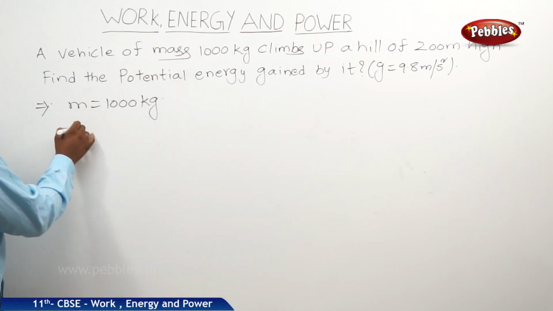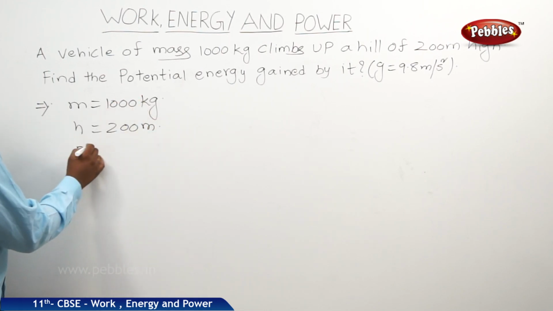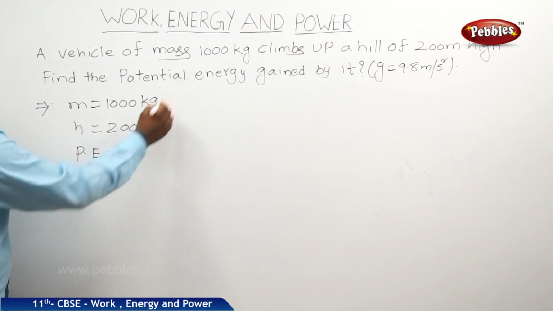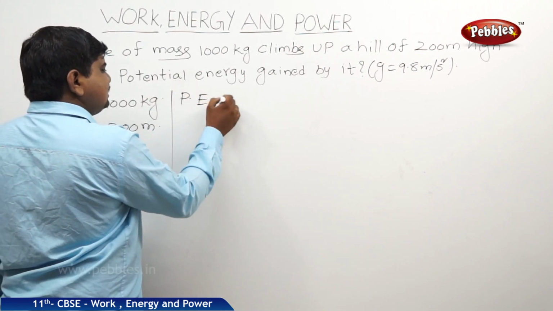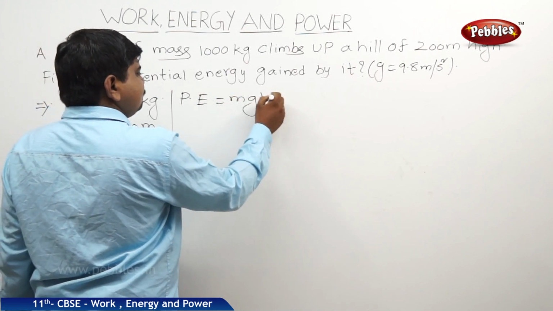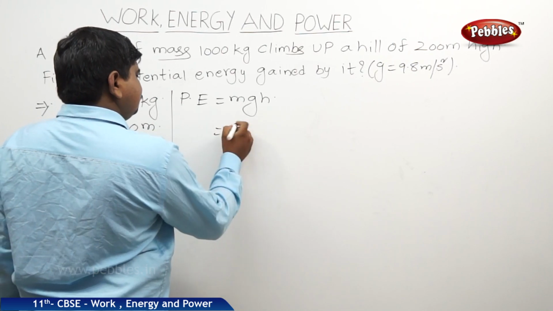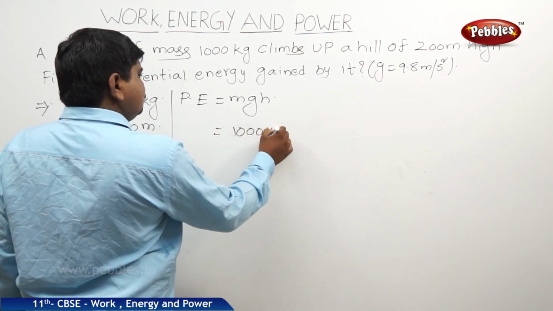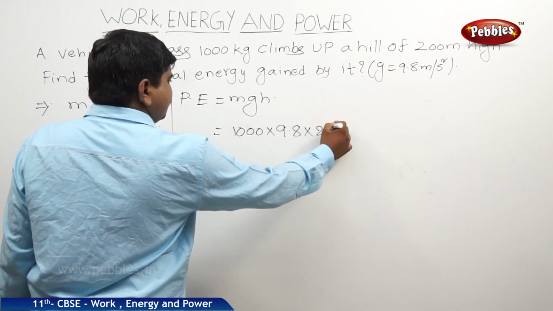It is traveling to a height of 200 meters. We should find out the potential energy. As we know, potential energy is equal to mgh, where m is 1000, g is 9.8, and the height is 200.